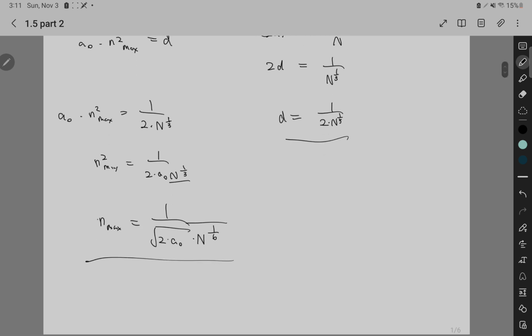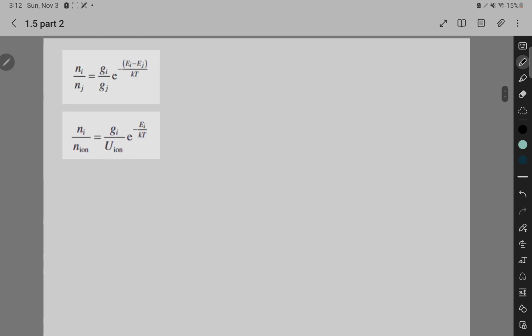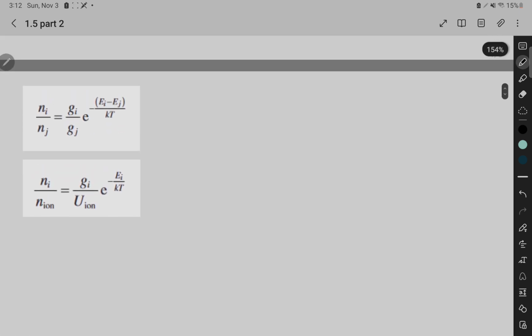So that's the first point I want to talk about. Well, the second thing is I want to show you guys an example of the Boltzmann equation, right? Remember we talked about the Boltzmann equation. So here's two of them. Remember in my last class I talked about what they're for. So this one at the top is used for comparing individual levels.